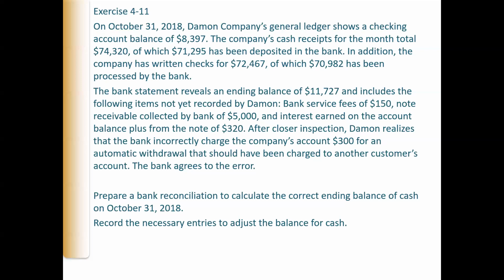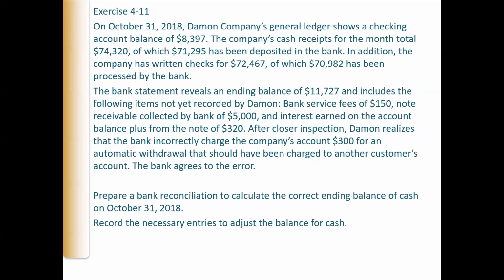After closer inspection, Damon realizes that the bank incorrectly charged the company's account $300 for an automatic withdrawal that should have been charged to another customer's account. The bank agrees with the error. Prepare a bank reconciliation to calculate the correct ending balance of cash.